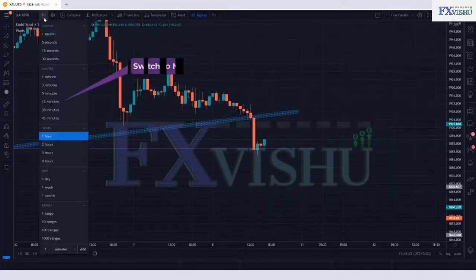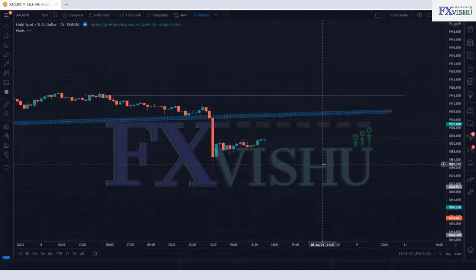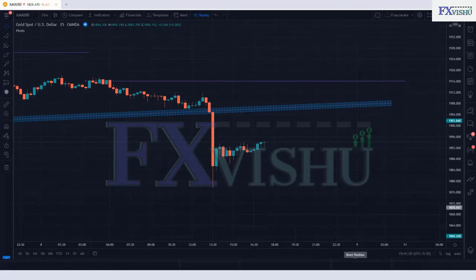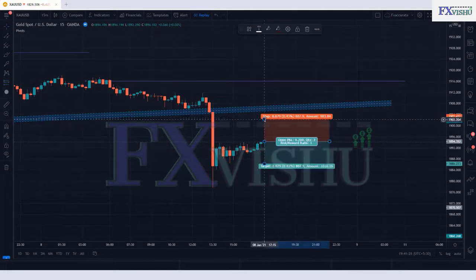Now we move to the chart of M15 to get the confirmation. Looking carefully here, the market has created a bearish engulfing for confirmation. Therefore, we will place an order for sell.